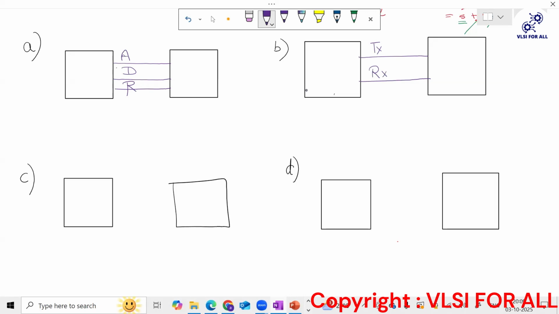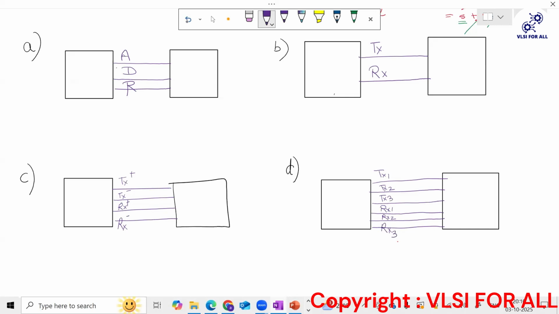Here we have TX plus, TX minus, RX plus, RX minus, and here we have TX1, TX2, TX3, RX1, RX2, RX3. So A, B, C, D, which are parallel, which are serial?